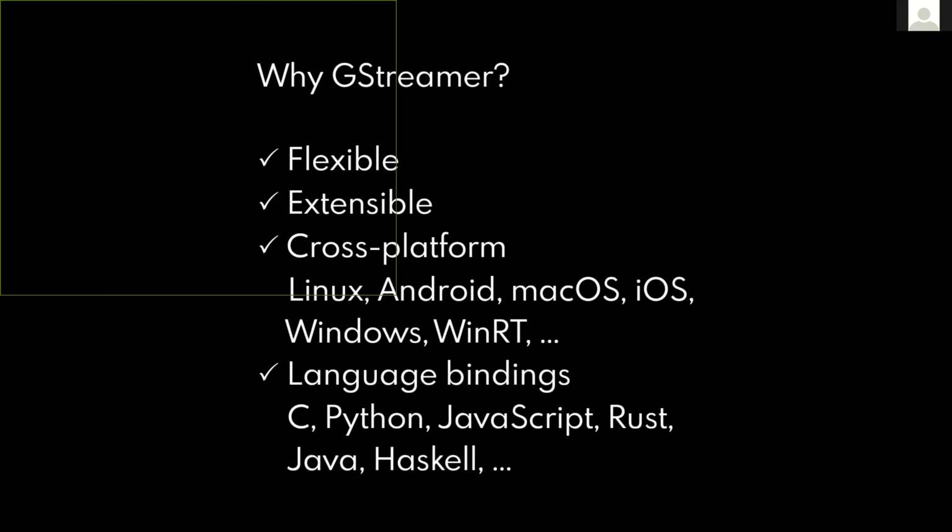But it's based on a framework called GLib and GObject, which gives some object-oriented features on top of C, and also gives you an easy way to create bindings to languages like Python, JavaScript, Rust, Java, Haskell. We have bindings for all of these things, and so we're able to use this functionality from other languages as well.